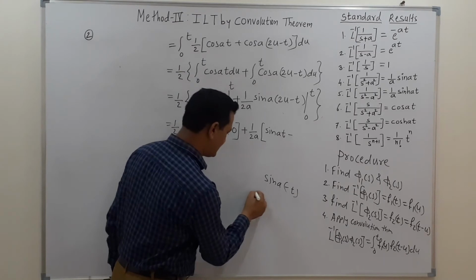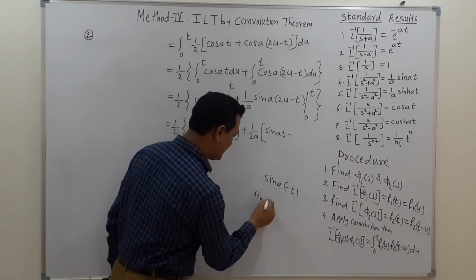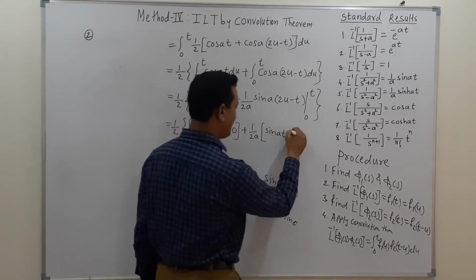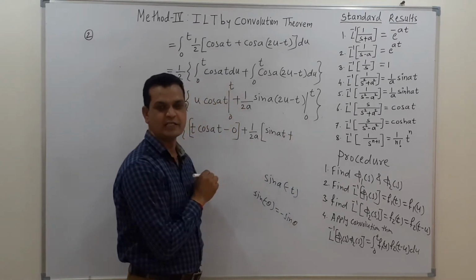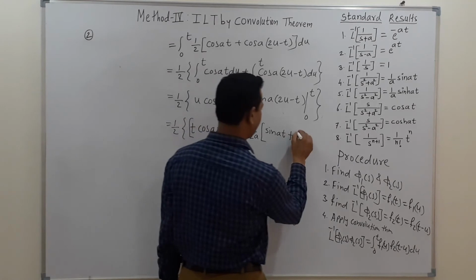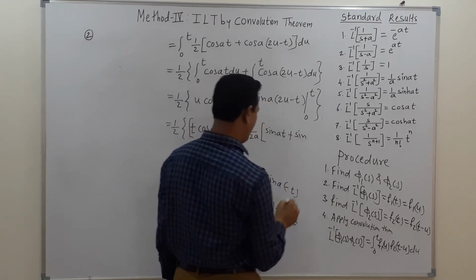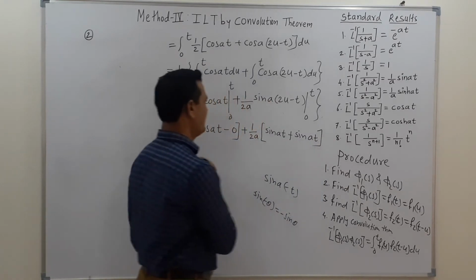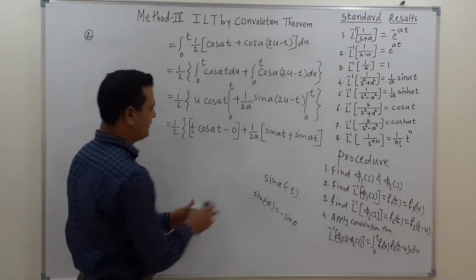Then we know that sine of minus theta is equal to minus times sine theta, so we can write this term as minus minus plus times sine of at. So now in this way we get this answer.